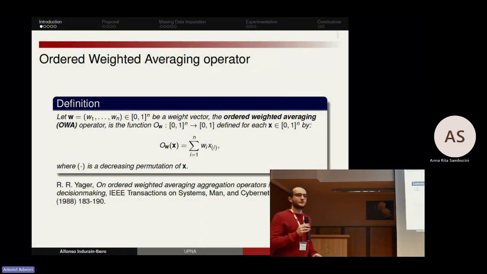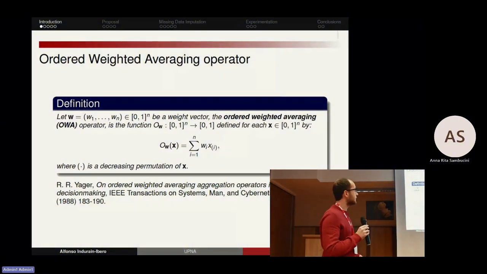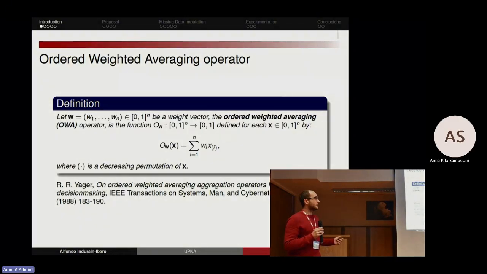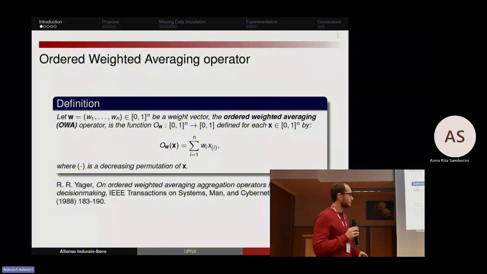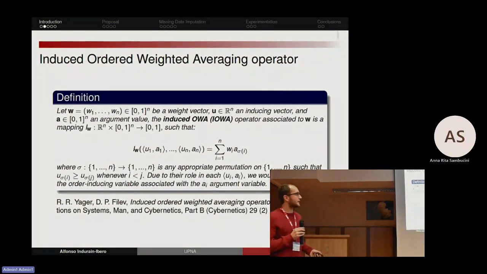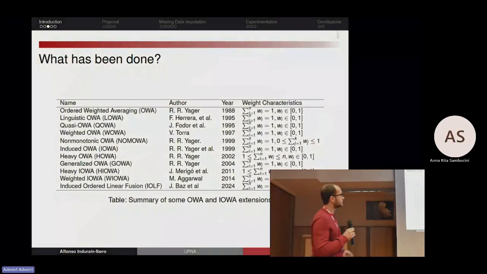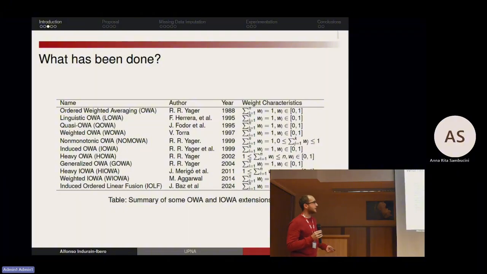So my intention was to start talking about the foundations of our work, which are OWA and induced OWA operators, but as the previous talk has already done so, I will just skip the definitions and go ahead with the proposal. So instead, I'm going to start talking about the past. What has been done about OWA? What has been done about IOWA?